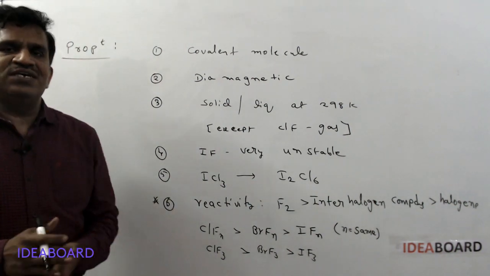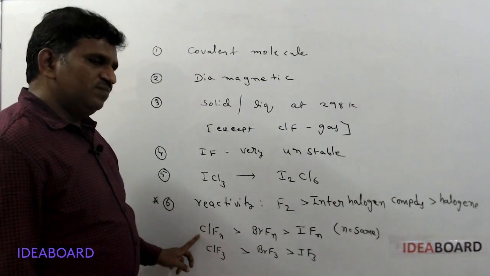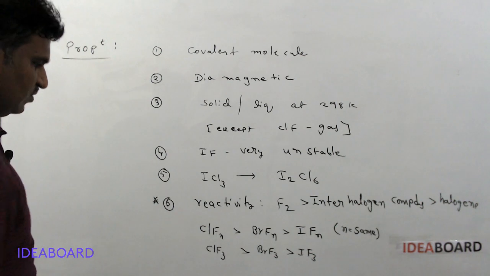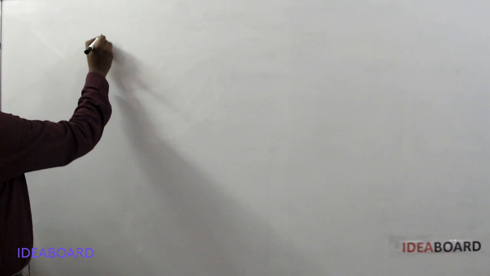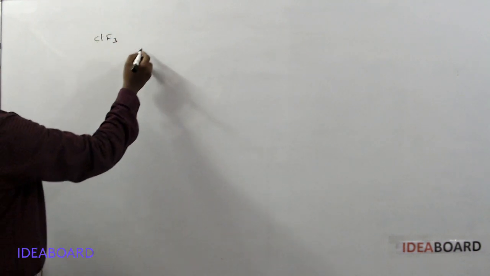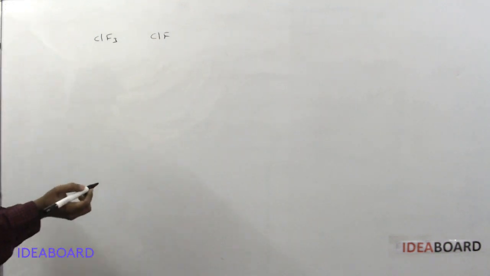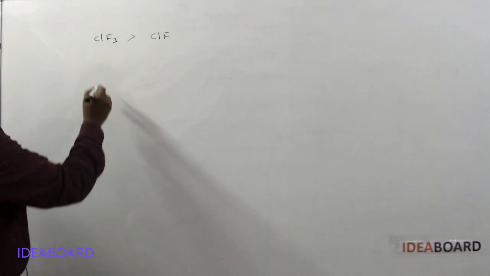Okay, when the n value increases, what happens? A higher n value means more reactivity. For example, if you have ClF3 and ClF, ClF3 is more reactive.